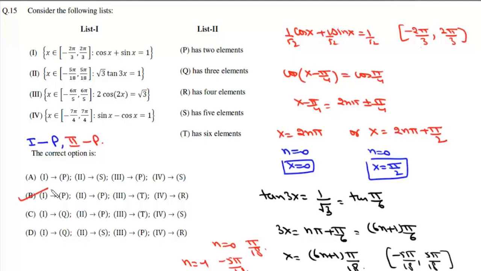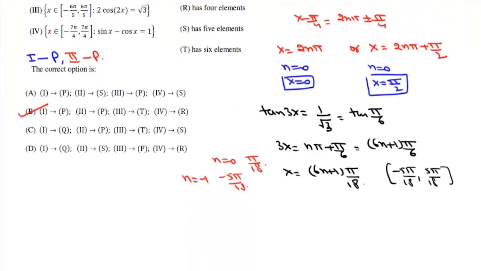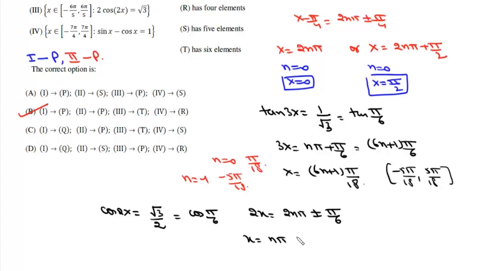Now if we look at this third one, it is cos 2x equals root 3 by 2. Now this is cos pi by 6. So it will be 2x equals 2n pi plus minus pi by 6, or x equals n pi plus minus pi by 12.